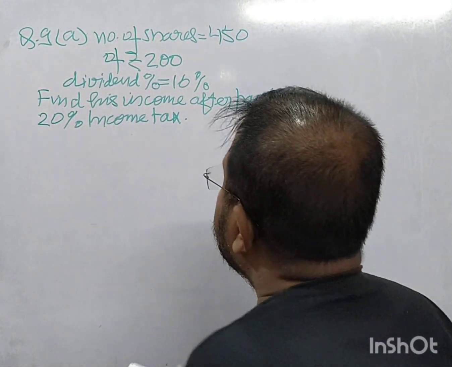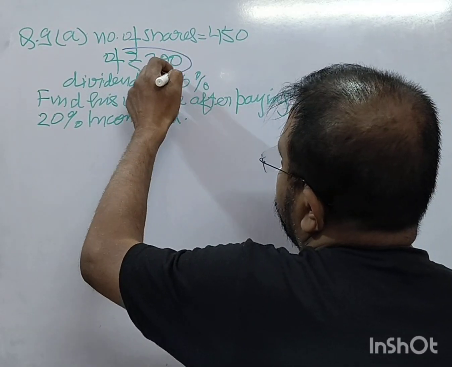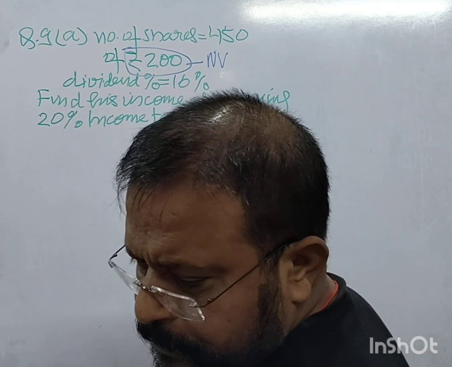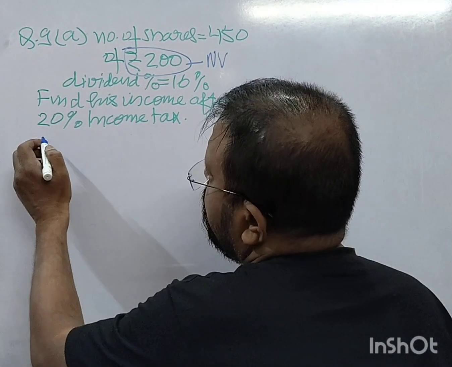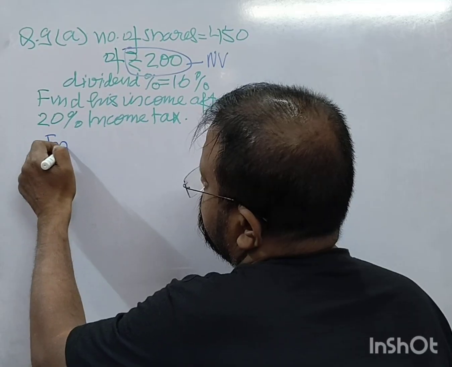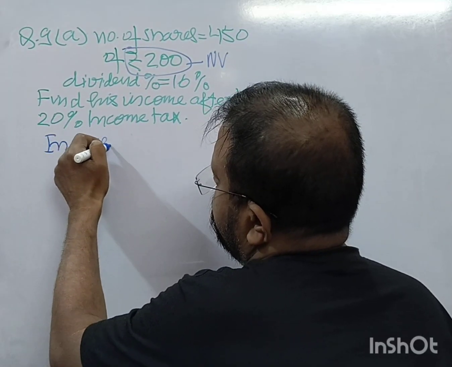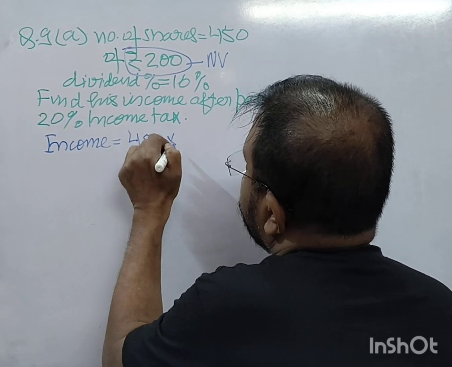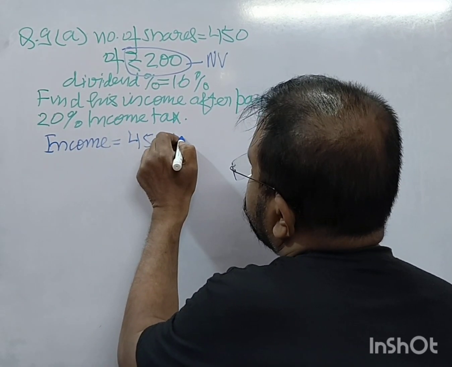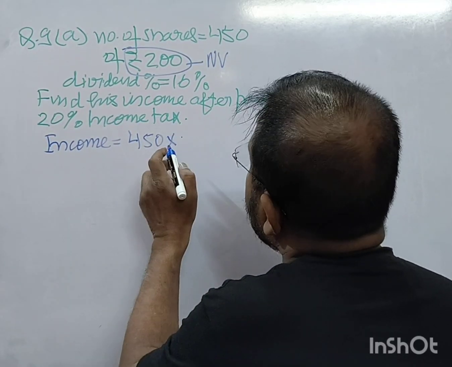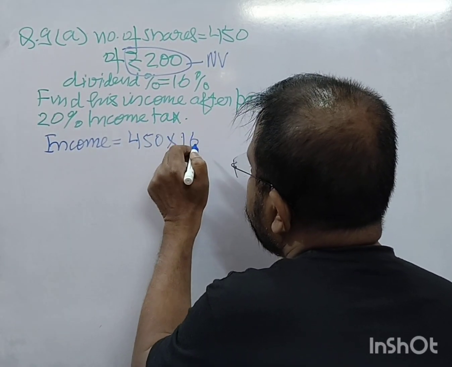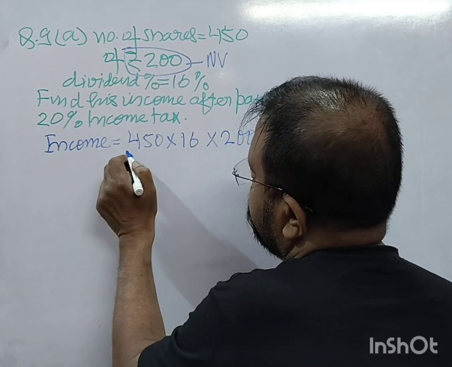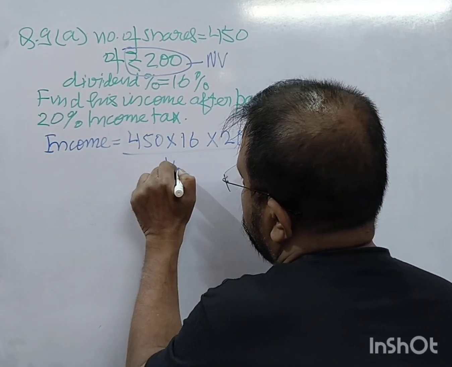If we take it as NV, so income is 450 into 16 into 200 upon 100.